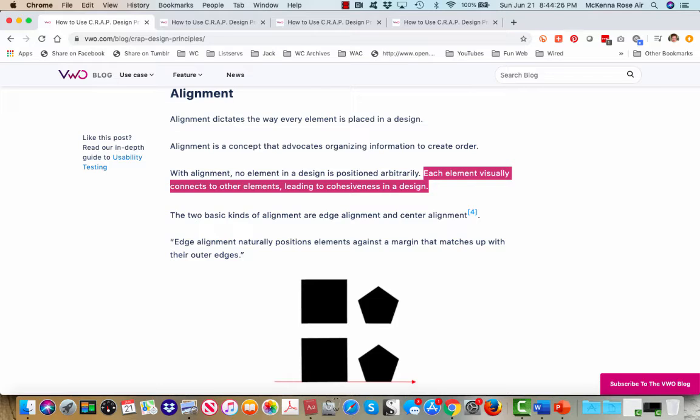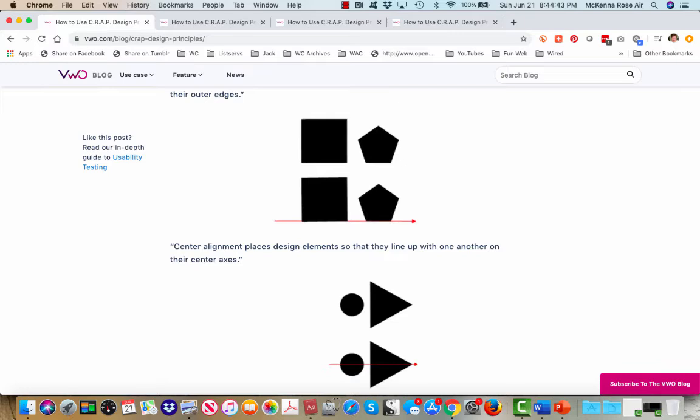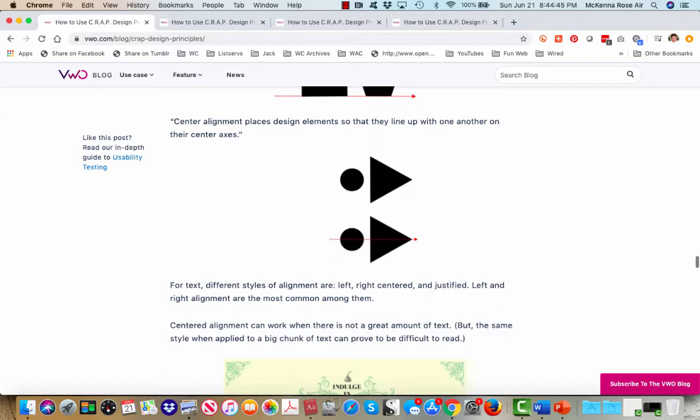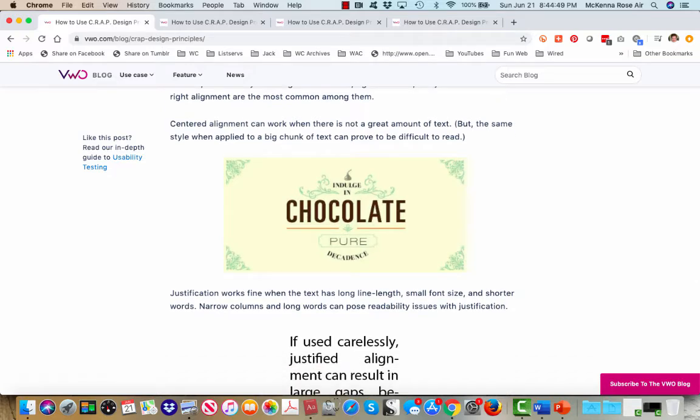So when we think about types of alignment, there's left aligned, center aligned, and right aligned. Choosing where you want to put objects in relation to other objects across two-dimensional space affects the ways that viewers can read your text, right?